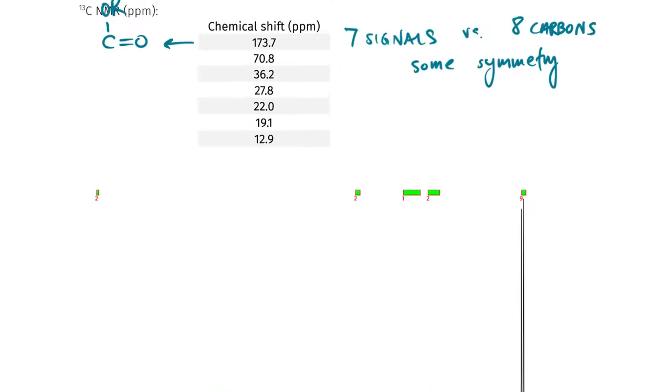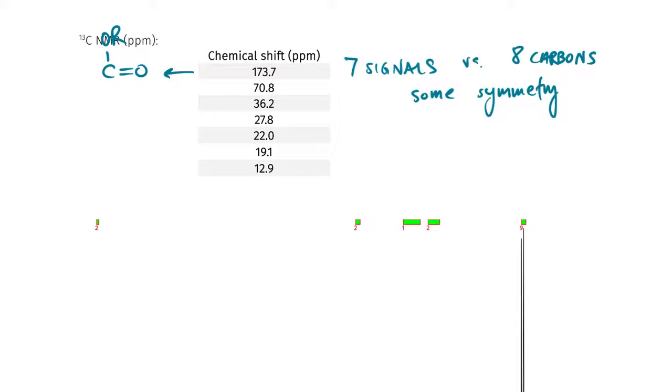Yep, question. So you said that a ketone would appear at over 200? Always give yourself some margin of error. It might be 195, right?